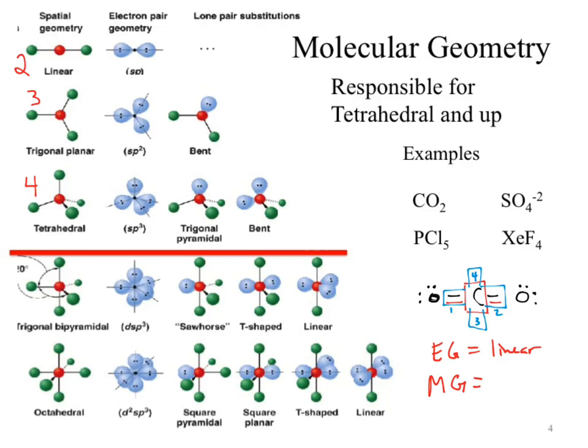Region 1, is that bonding or non-bonding? Bonding. Region 2, bonding or non-bonding? Bonding. Do we care about 3 and 4? No, because there's no electrons. So what shape necessarily correlates to that? Still linear. Our electron geometry and our molecular geometry are exactly the same. They are both linear.